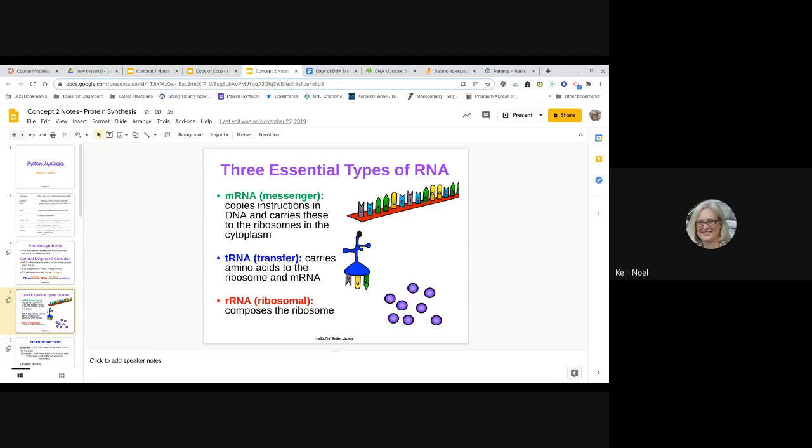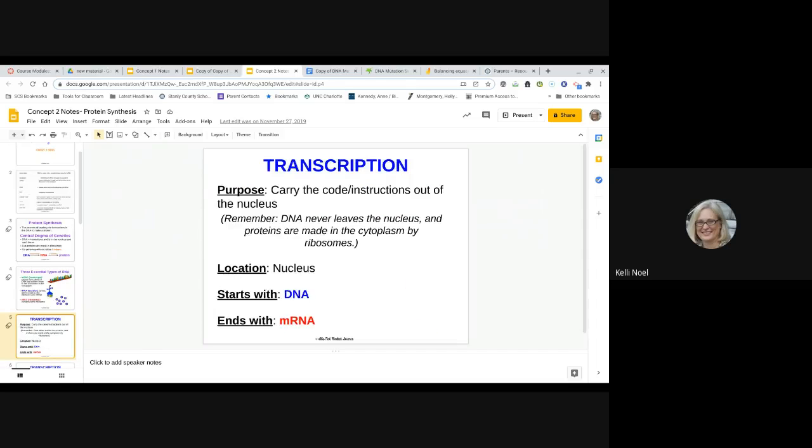All right, so we're going to look at transcription. So you have a place to write the purpose out. This is to get the instructions out of the nucleus. That is the purpose of transcription. Script means to write or copy.